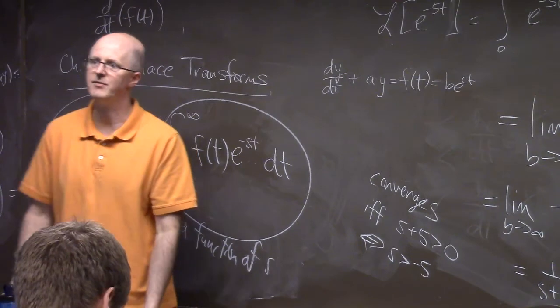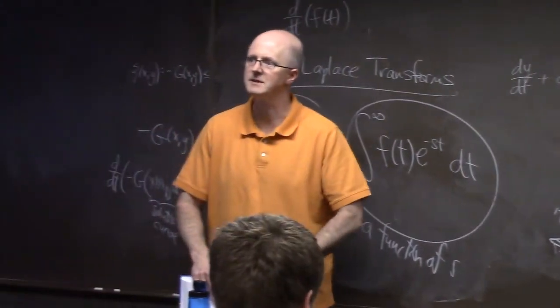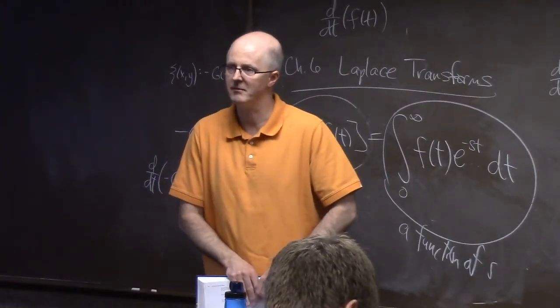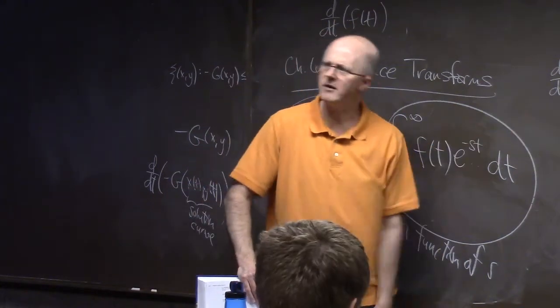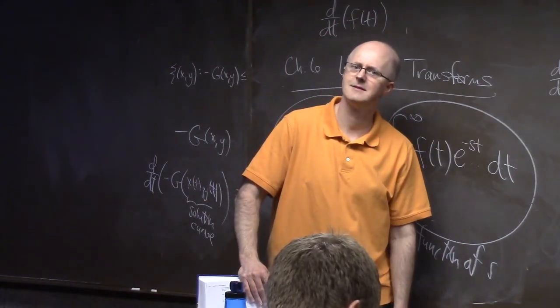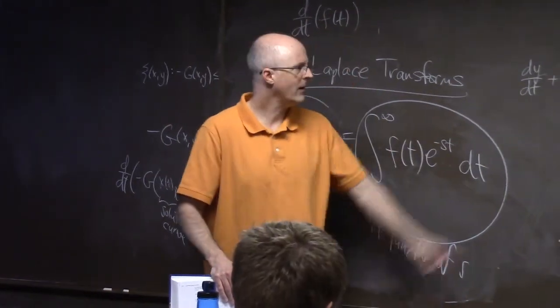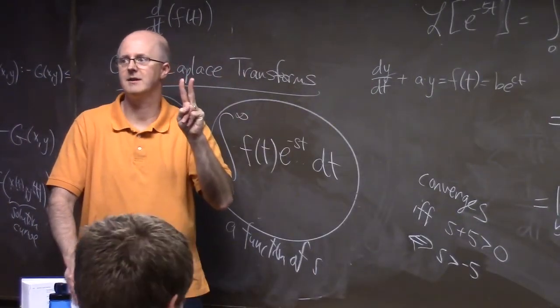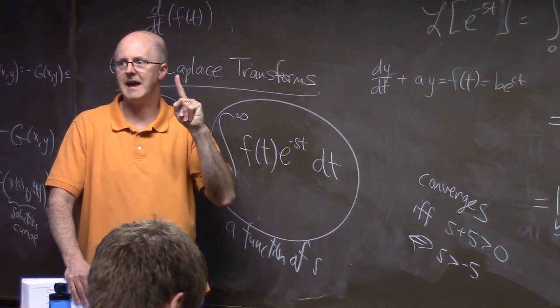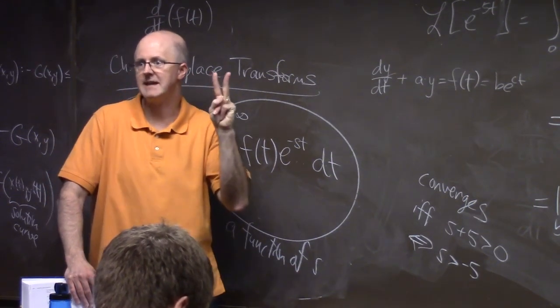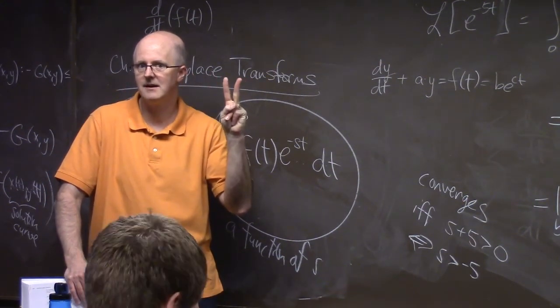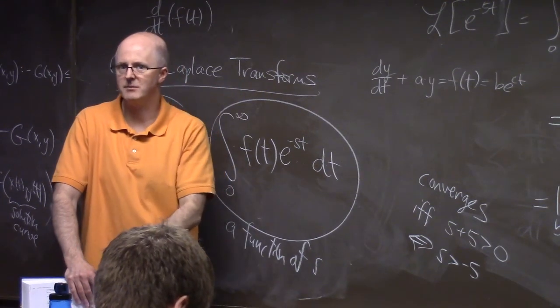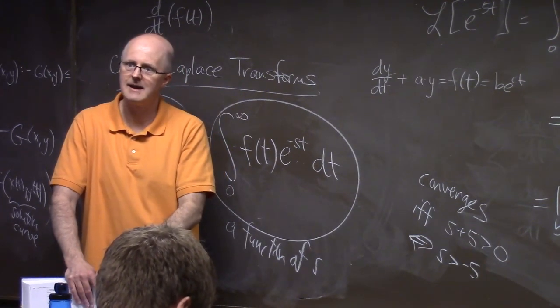Now, what you're going to find when you do the reading and try the problems is the Laplace transform method for solving this is harder than the chapter 1 methods. Much more work. We already know how to solve this kind of equation with 2 different techniques from chapter 1: integrating factors and method of undetermined coefficients, educated guessing. You will see the Laplace transform is harder and much more work.